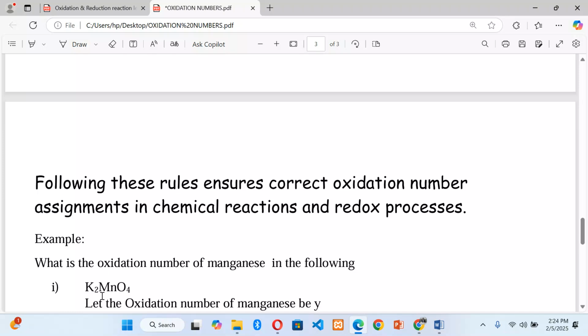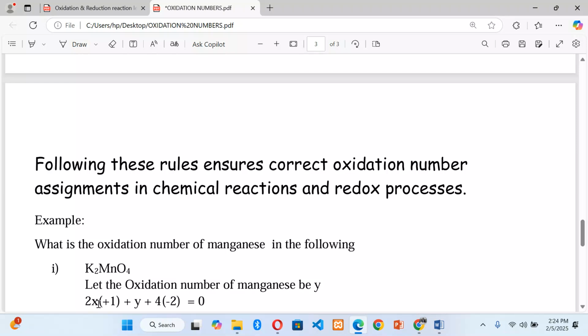So we can say let the oxidation number of manganese be Y, because we don't know it. For potassium we know, and for oxygen we know. So 2 atoms of potassium times +1, plus Y for manganese, plus 4 atoms of oxygen times -2, is equal to 0. Why equal to 0?